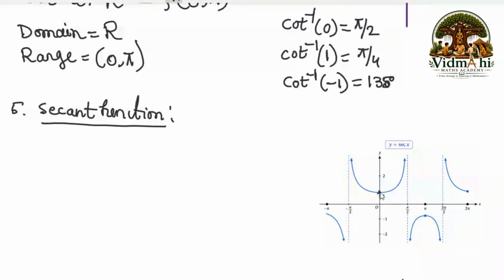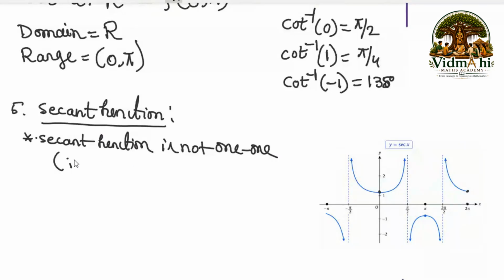Secant 0 is 1, secant 360 is also 1. So the secant function is not one-one.